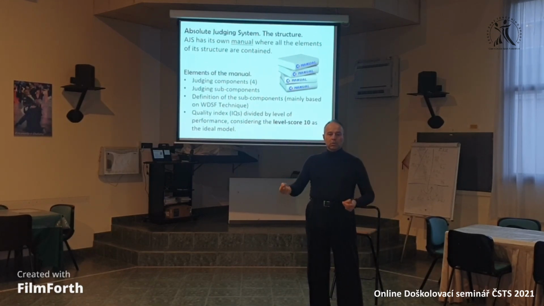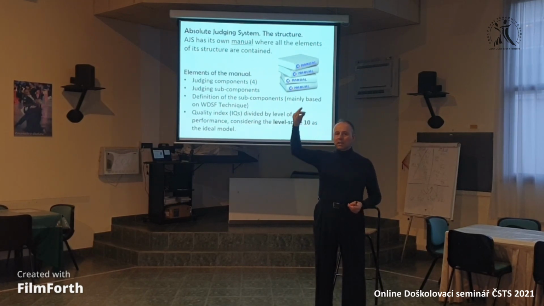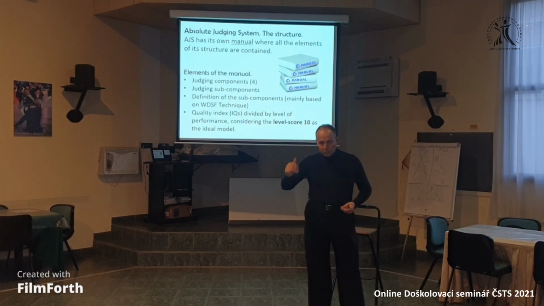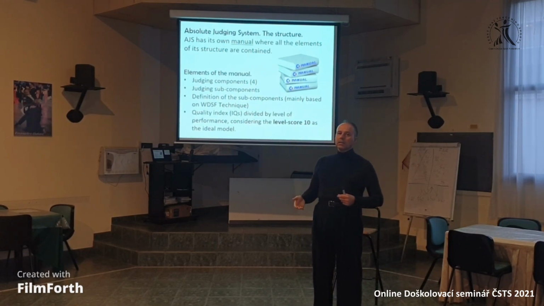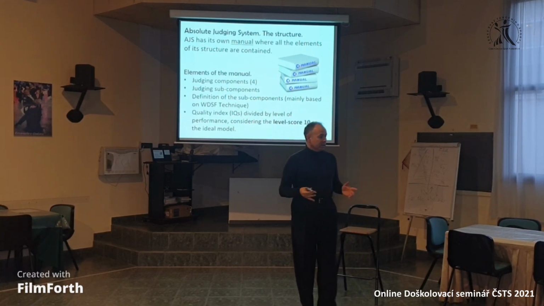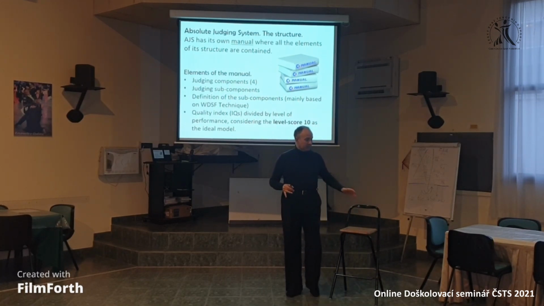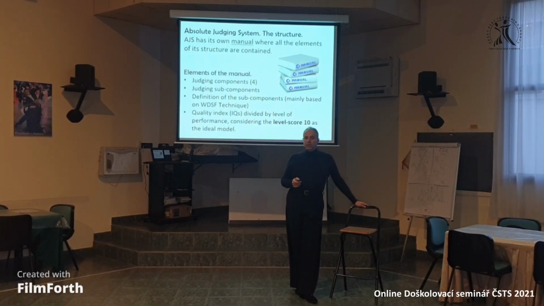So when I speak about the level with score 10, all the IQs, all the quality indexes that you find in this level are automatically the ideal model. And this is absolutely something that you have to consider when you study the structure.